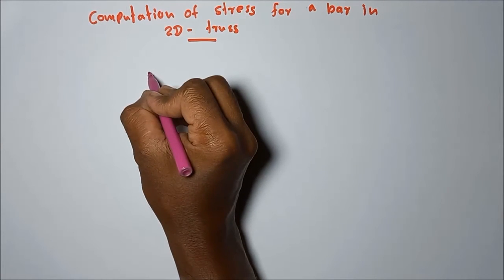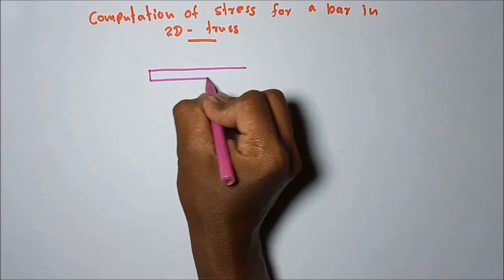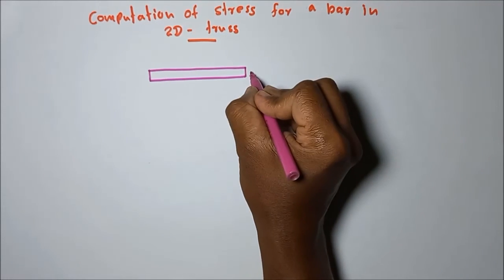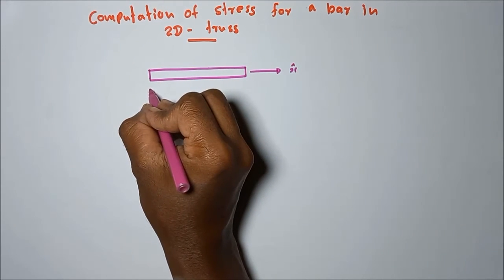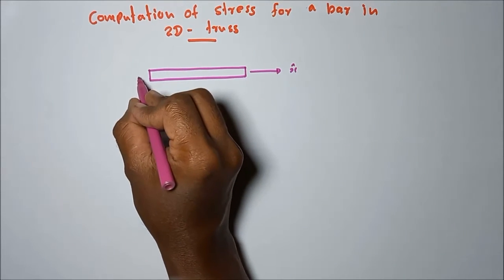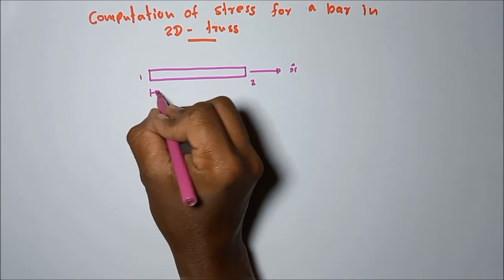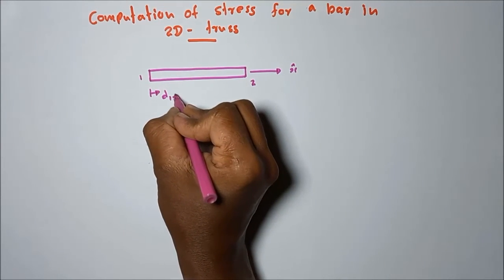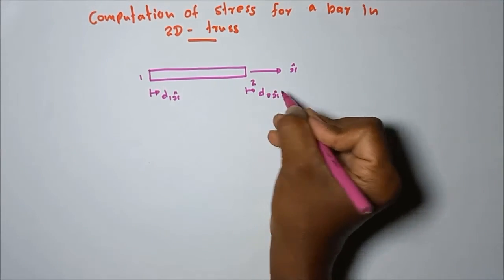Okay, I'll draw the bar element. This is the local coordinate system, x hat. Then the displacement of node 1, node 2: the displacement of node 1 is d1 x hat, and of node 2 is d2 x hat.